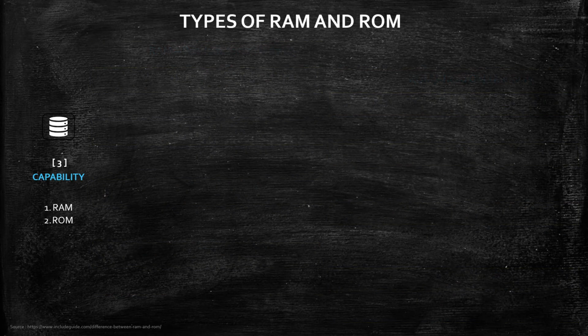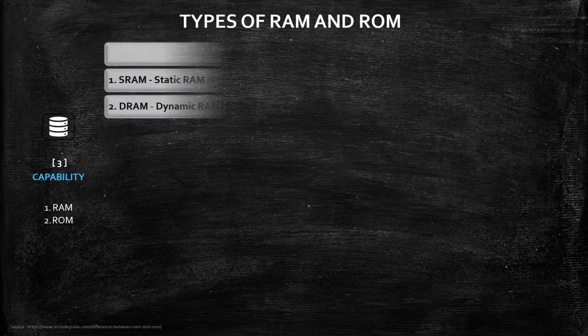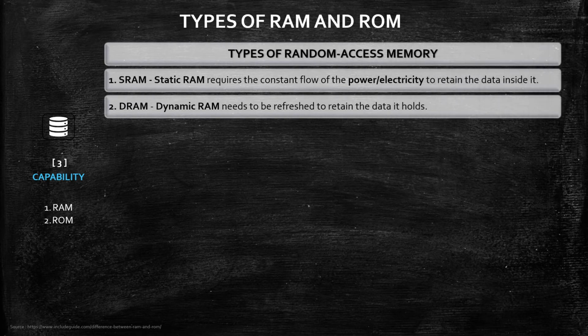If we talk about the types of RAM and ROM, first let's talk about the types of random access memory. Basically, two different types of RAM are available. One is static RAM and the second is dynamic RAM. Ultimately RAM is a volatile memory, but there is a minor difference between static and dynamic.